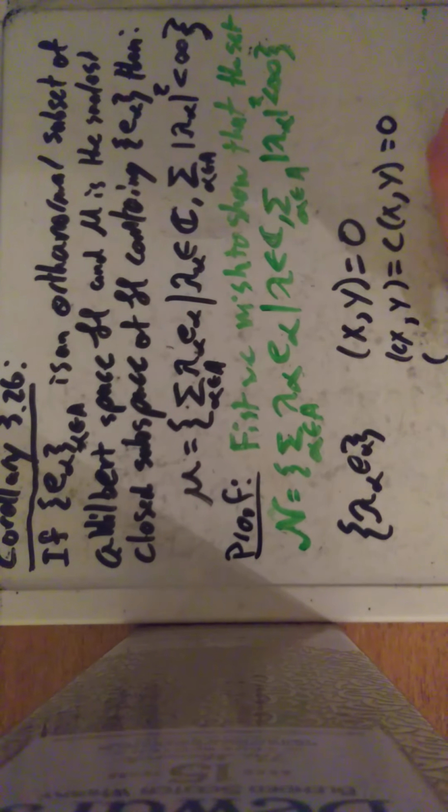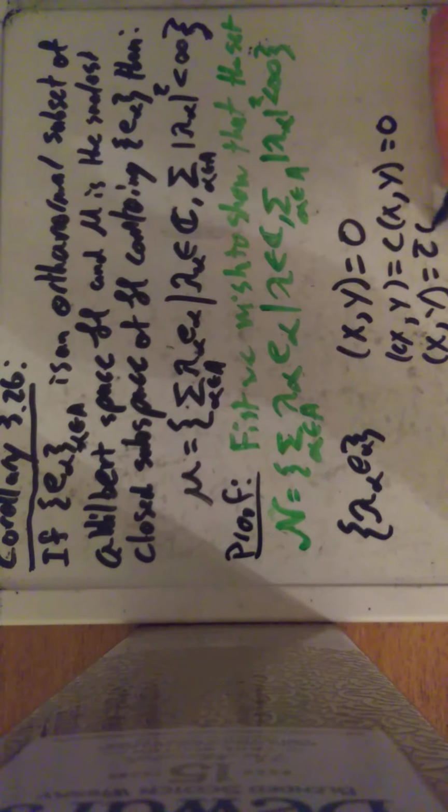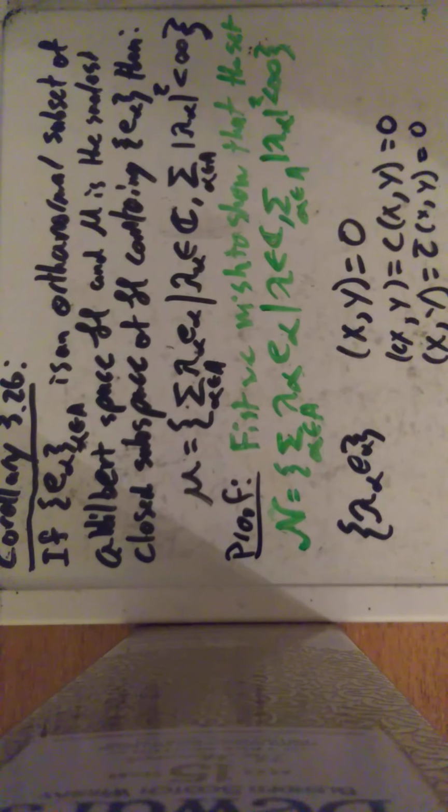And as well, if I put the coefficient on the second term, we can pull out its complex conjugate. But again, the inner product of x and y is 0, so this is still 0. So the fact that I've added a coefficient to all of my vectors in an orthonormal subset, or an orthogonal subset in the more general case, does not affect the orthogonality of the subset, though it does affect the orthonormality, but that's not relevant here.